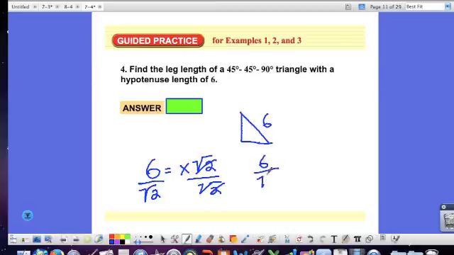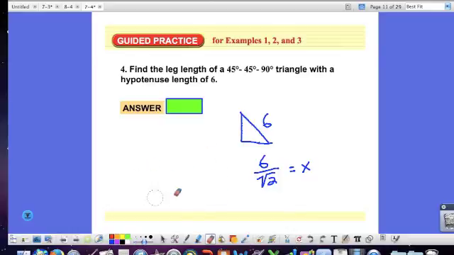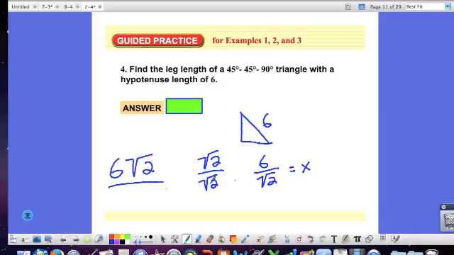So 6 over radical 2 is equal to x. And as we had in that warm-up, we can't have radical 2 as a denominator. I think this was actually one of our questions in our warm-up. So now I end with 6 radical 2 over 2. Radical 2 times radical 2 is 2, and I get 3 radical 2.